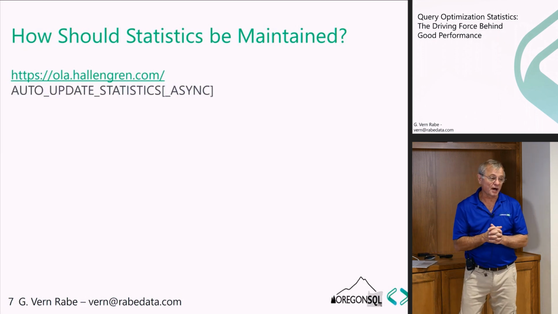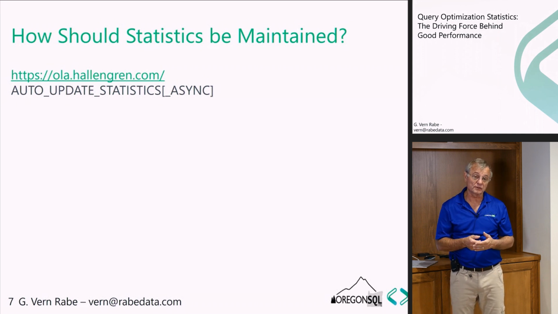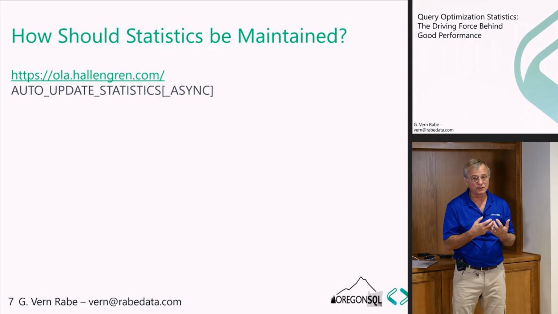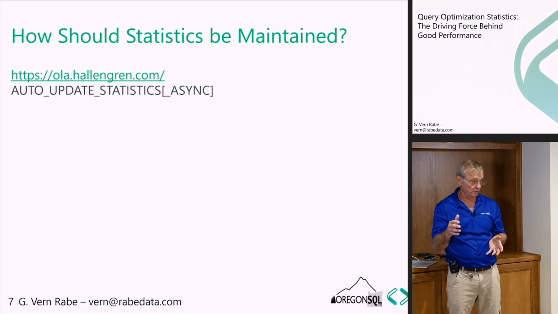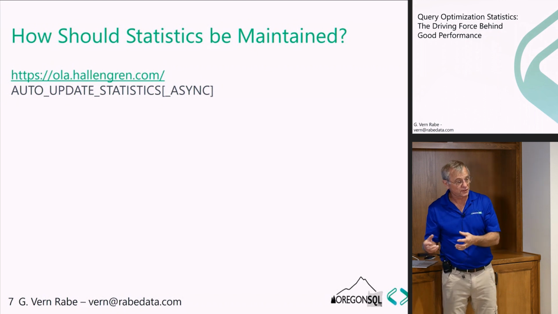This is an option, auto update statistics, and this option turned on or off will determine within the database, just as we talked about, whether or not the statistics will get updated. An important thing here is the async. Remember I mentioned that when the statistics reach a threshold, and the optimizer says, here's a query, go look at the statistics.